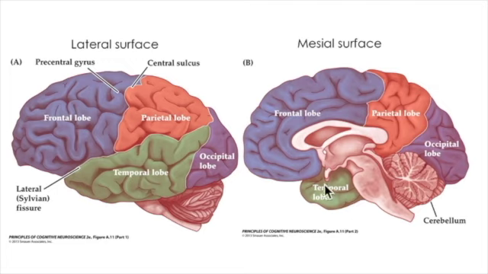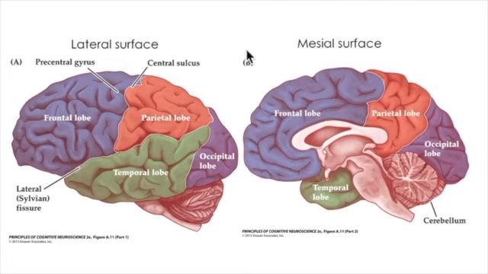But what you can see now is some additional areas. I will talk about this more in a bit, but this is the corpus callosum, a really important bundle of white matter that connects the left and right hemispheres. You can also get a much better view of the brainstem and the midbrain areas from this mesial surface compared to the lateral surface, and you can also get a much better view of the cerebellum.